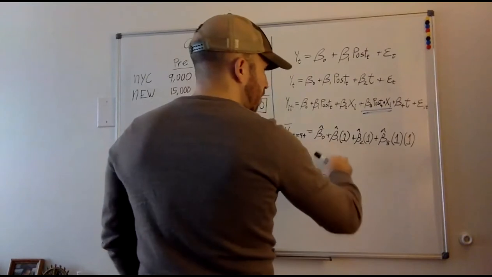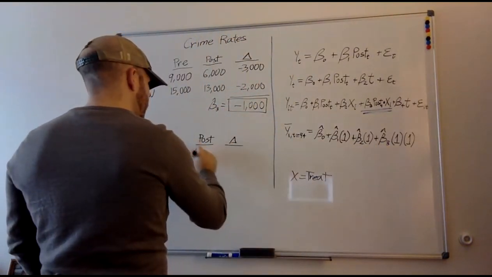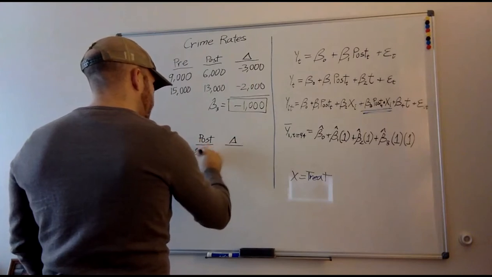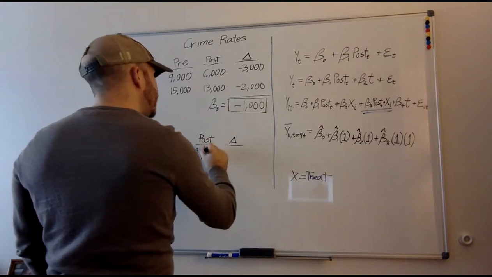Right, so beta naught plus beta 1 plus beta 2 plus beta 3, all of them are, you might say, active in estimating this expected value here.